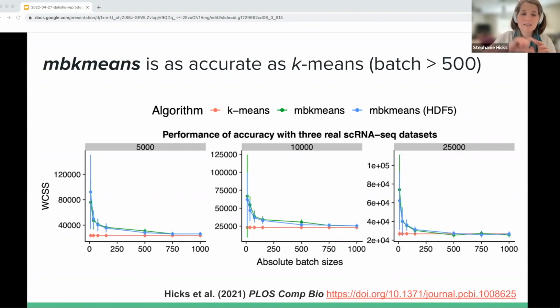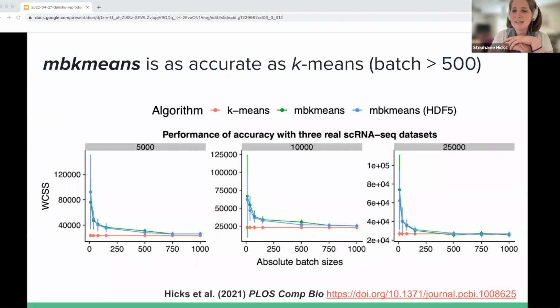And on the y-axis, I'm showing you the within cluster sum of squares criterion. This is essentially the same as an elbow plot that you might have seen if you've used k-means before to help you determine the right k. It's a way to help us assess accuracy using an internal validity metric.